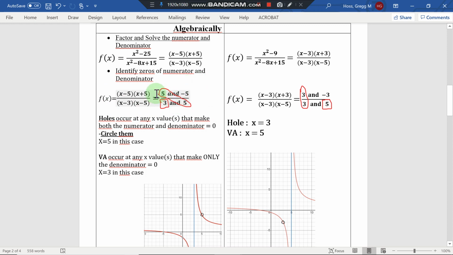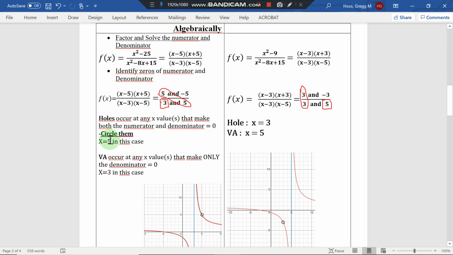So what we're going to do, since holes occur at any x value that makes both the numerator and denominator equal 0, we are going to circle any zeros that occur in both the numerator and the denominator. If we do have the same zero or the same factor in both the numerator and denominator, we're going to circle that, and that is the x value at which our hole will occur.